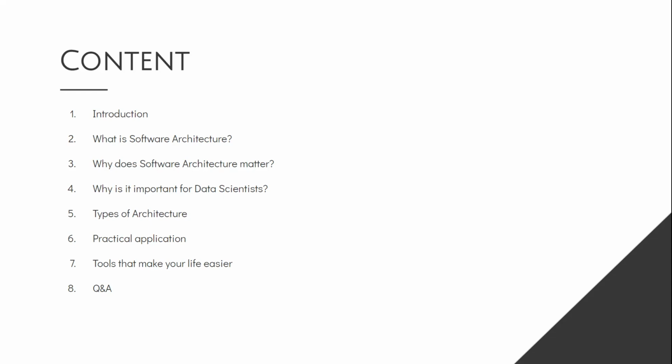I will give you a short intro about myself, my background, but then we will go into: what is software architecture? The most important part, why does it even matter? And what pitfalls and drawbacks come with choosing different architectures. Then I'm going to talk a little bit about why it is important for you as well to at least know the basics. Then we take a look at two different types of architectures, the basic architectures that you would most likely encounter. Then we have some practical application.